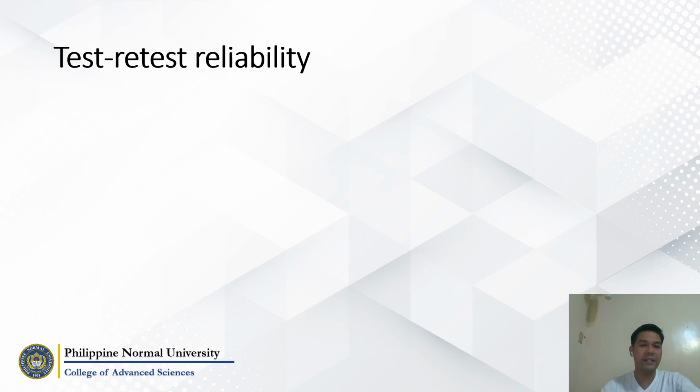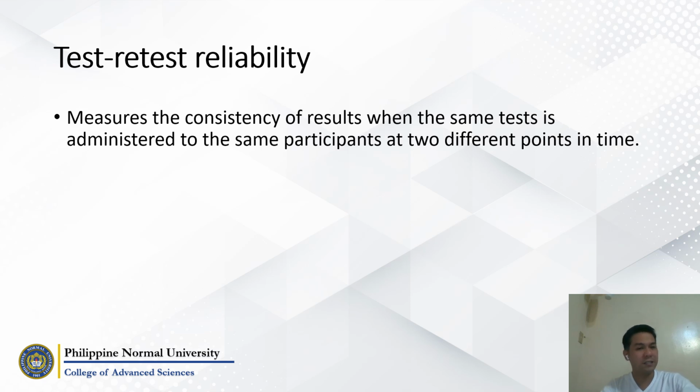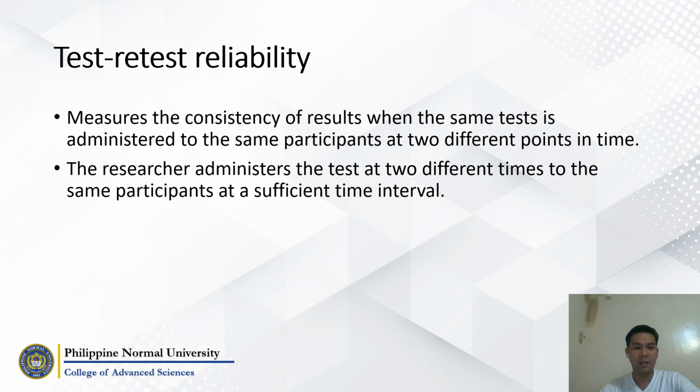The first one is, of course, the test-retest reliability. And how do we do this? Test-retest reliability measures the consistency of results when the same test is administered to the same participants at two different points in time. The researcher administers the test at two different times to the same participants at a sufficient time interval.